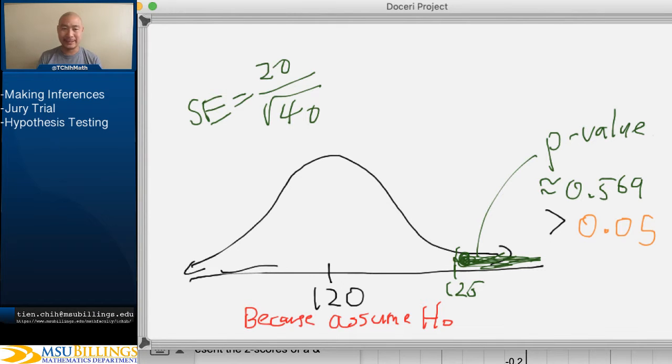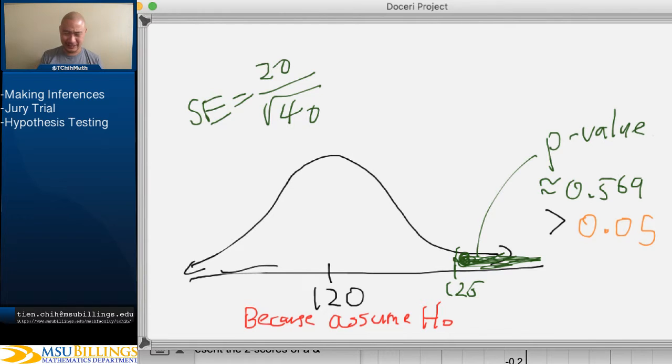So we weighed these 40 elephants. They had average weight of 125 pounds, and that's not quite strong enough evidence to say that for sure purple microelephants have to weigh more than 120 pounds.